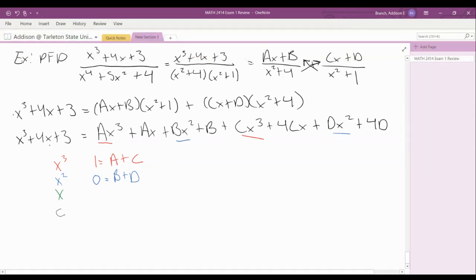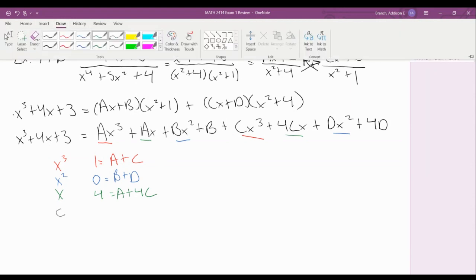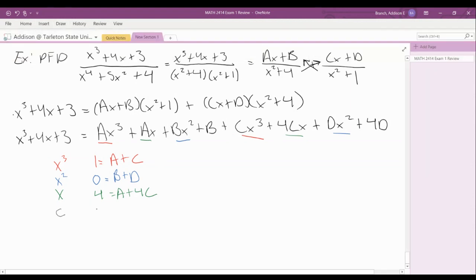For our regular x, our coefficient is 4 on the left, and on our right, we have a and 4c. And for our constant, we have 3 on our left, and on our right, we have b and 4d.